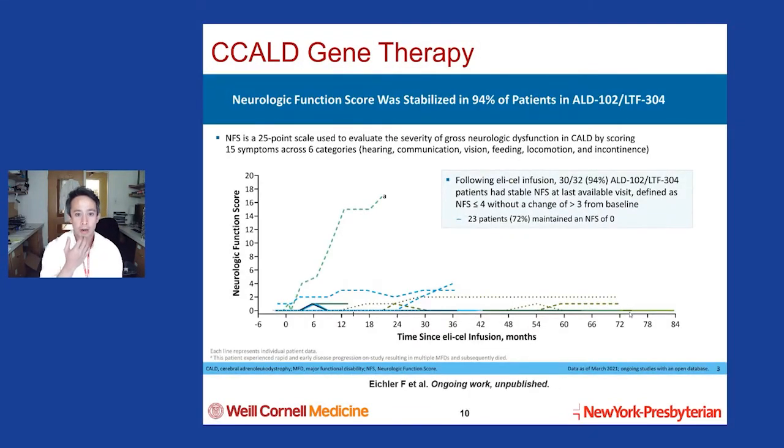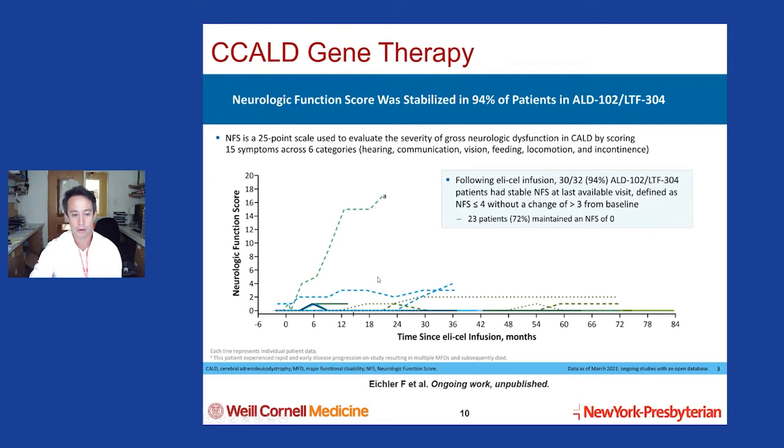This is the update from the long-term follow-up trial and the expanded trial. Now 32 boys have been treated, and 30, or 94%, have stable neurologic function scores. So clinically they stabilize.